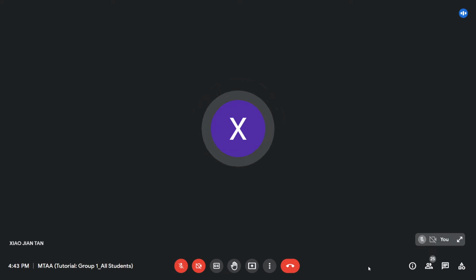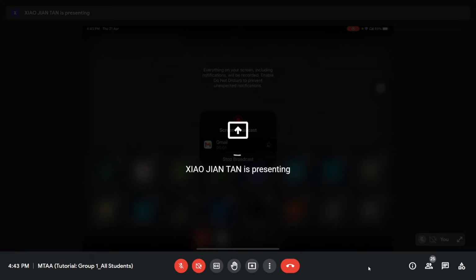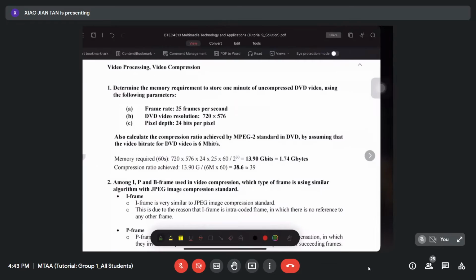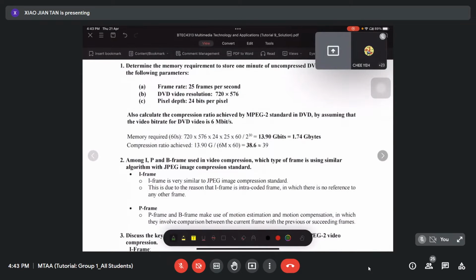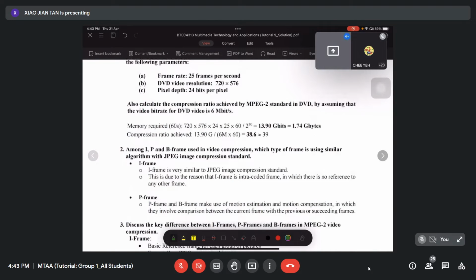One moment, let me share my screen. Okay. Basically the flow is the same, just that when you do not divide accordingly, you might get some small discrepancy.